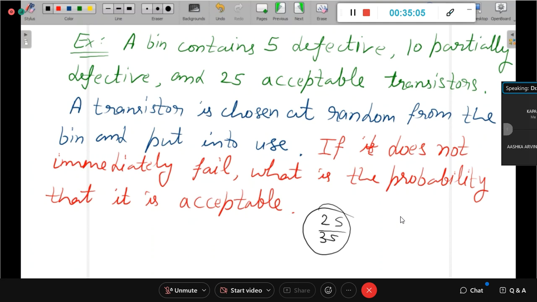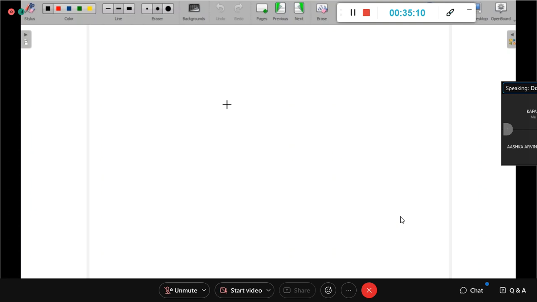Now, if I try to model it in terms of conditional probability, let's see what it says, if it does not immediately fail.